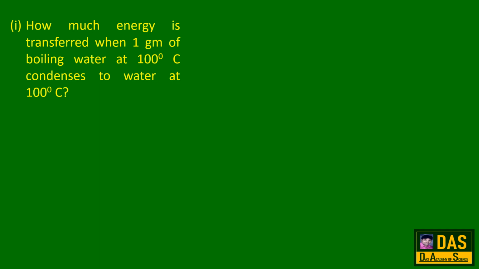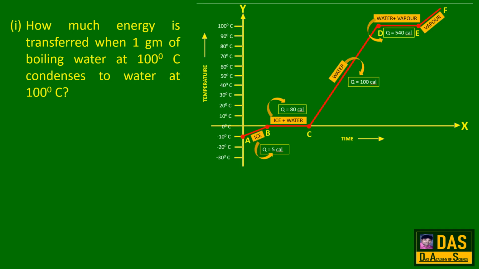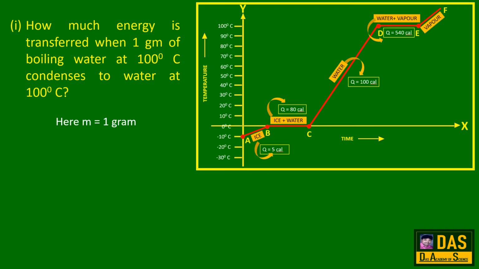How much heat energy is transferred when 1 gram of boiling water at 100 degrees Celsius condenses to water at 100 degrees Celsius? Here, the mass of the substance is m equal to 1 gram. And the conversion is boiling water at 100 degrees Celsius to water at 100 degrees Celsius.